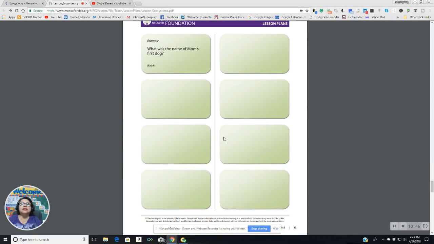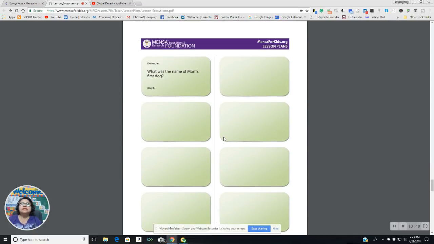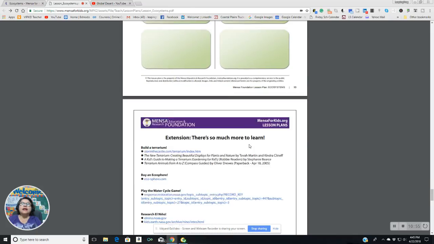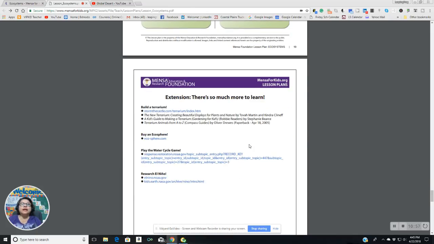I'm only limited with some of my students, but they were able to ask questions, and these were the cards that they could cut out. And I thought that would be really great. And they do have extensions: how to build a terrarium in your classroom, buy an ecosphere, do the water cycle game, research El Nino. They have all these links. So I just think that this free resource is awesome.